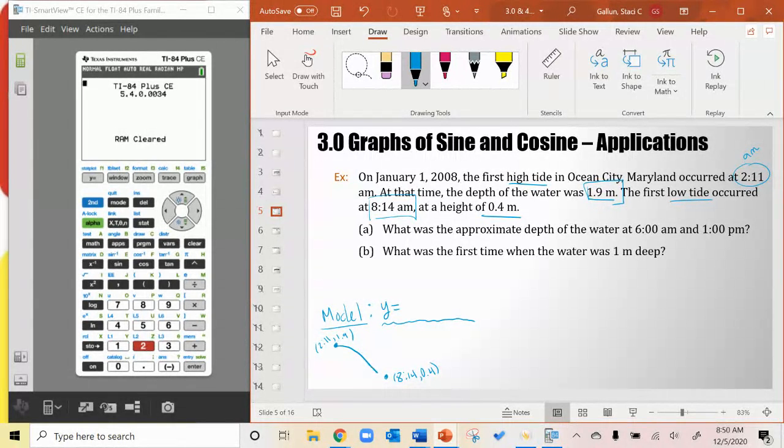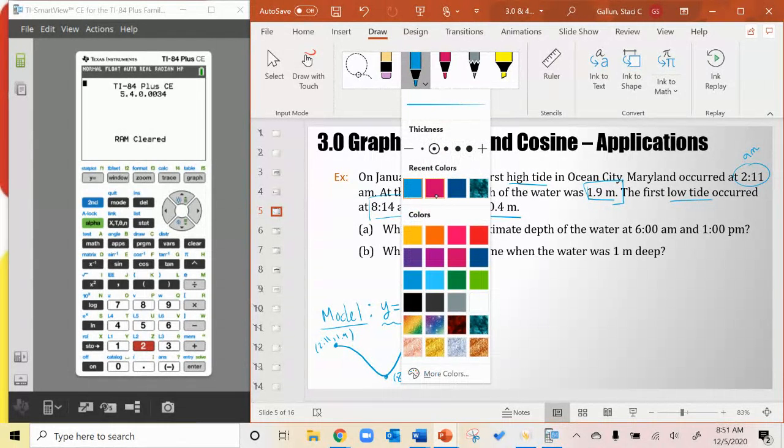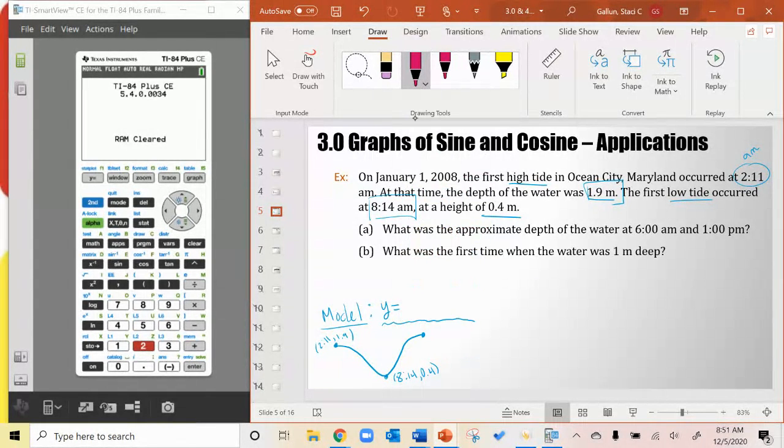So then after low tide, it's going to go back up and we're going to hit high tide. So we want to figure out what's exactly happening here. So 2:11 to 8:14 is 6 hours and 3 minutes. So after another 6 hours and 3 minutes, we're going to get to high tide again.